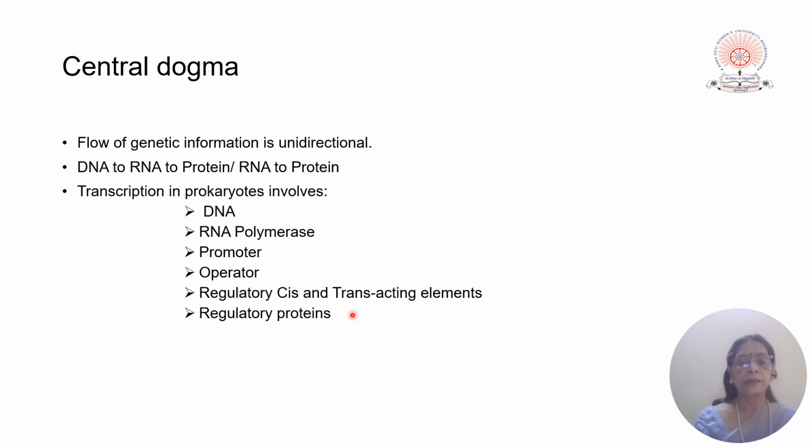Cis-acting regulatory elements control gene expression and they are present in the same DNA as the gene. Trans-acting elements control gene expression from a different DNA, from a distance.